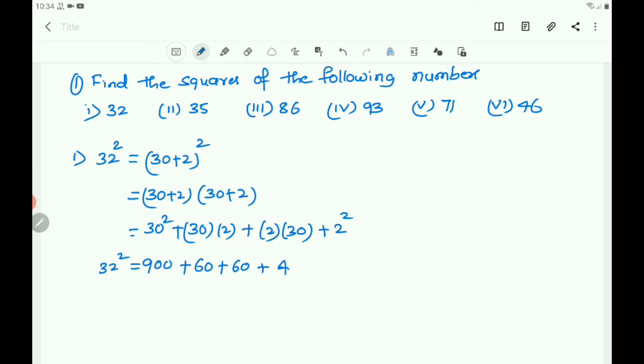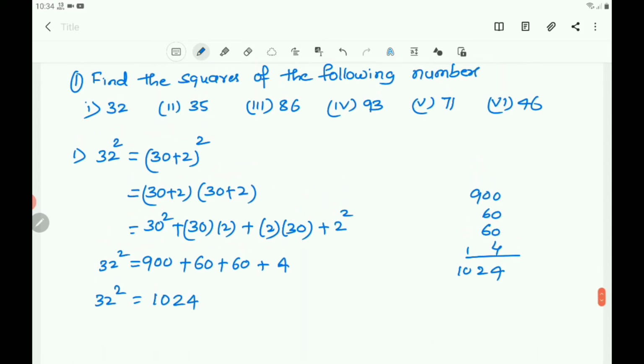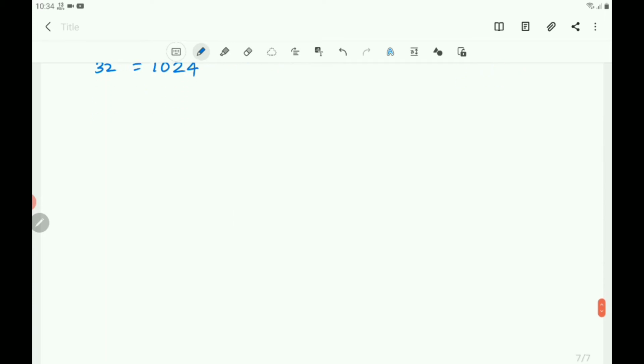Then find the sum of 900, 60, 60 and 4. That is 1024. 32 square equals 1024.